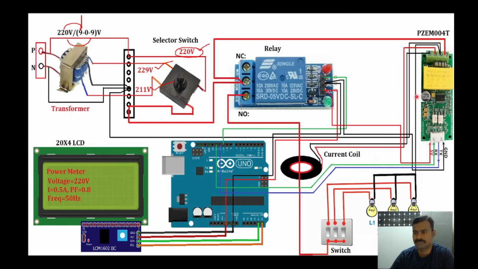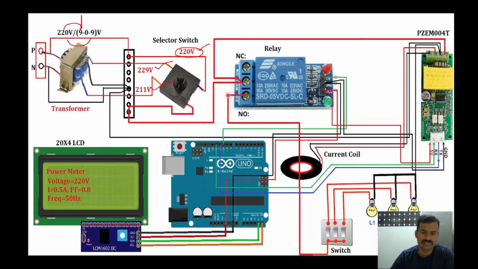Once I get the current input and voltage input, I can compare with my standard set values. So if I set 220 as my normal voltage, 229 as my over voltage, and 211 as my under voltage, based on that, this Arduino Uno is going to give the output for the relay to turn off and turn on.